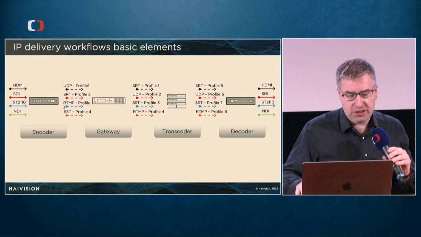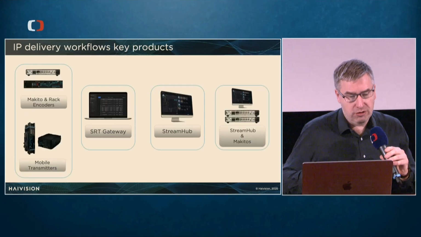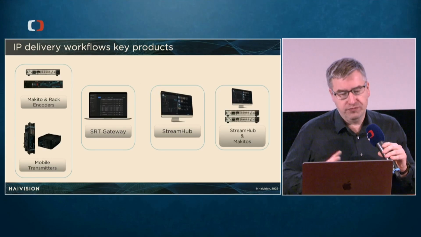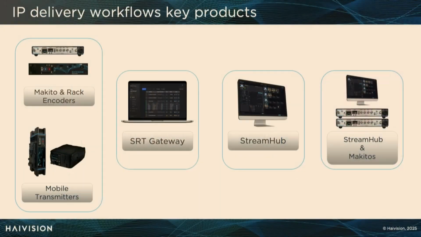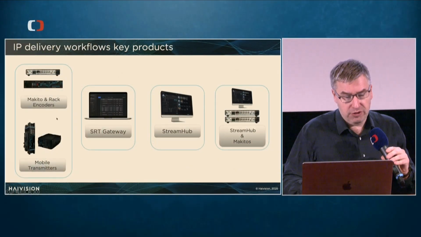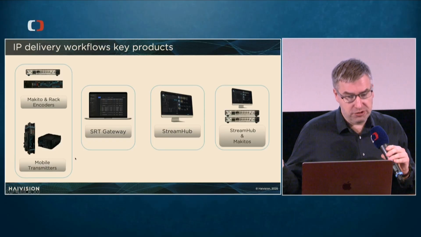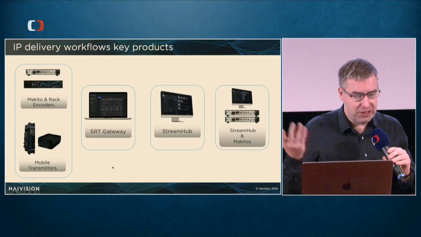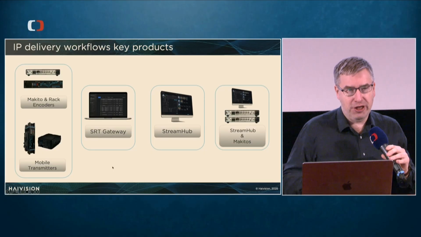So how does this translate in the Haivision world? This is just a brief categorization. Of course we have encoders: the Makito series, the rack series, and the mobile transmitters, which are also encoders. As the gateway, as the name says, we have SRT Gateway.